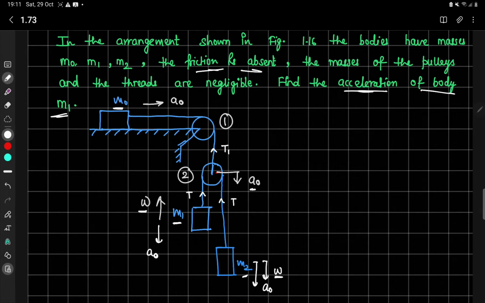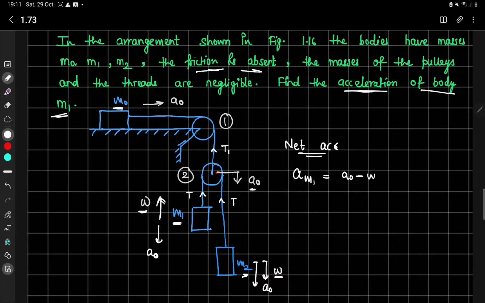Okay, and if we talk about the net acceleration of mass m1, that would be a0 minus w. With respect to the pulley, the mass m2 is going in the downward direction with the acceleration of w, so mass m1 will go in the upward direction with the acceleration of w.